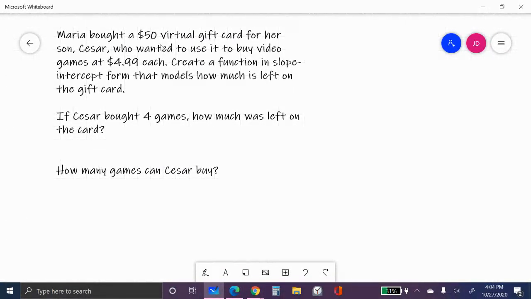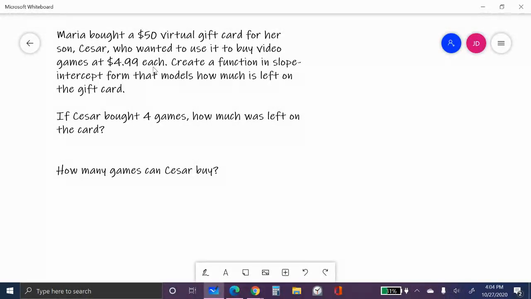Maria bought a $50 virtual gift card for her son Caesar, who wanted to use it to buy video games at $4.99 each. Create a function rule in slope-intercept form that models how much is left on the gift card. So again, which one is the rate? $4.99. That's the rate. Now think about the scenario though.